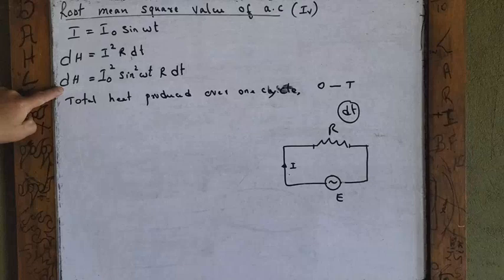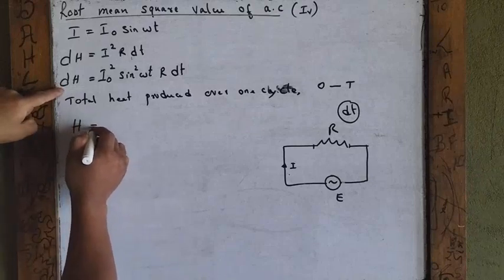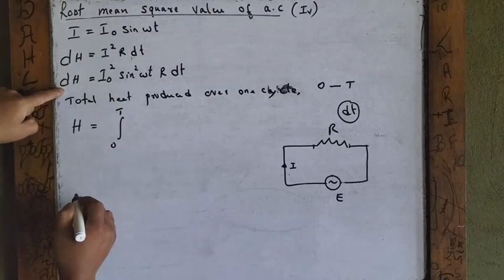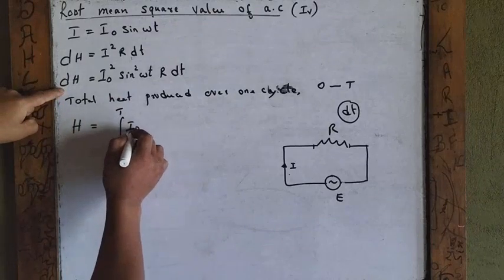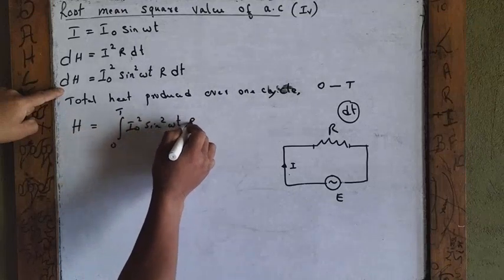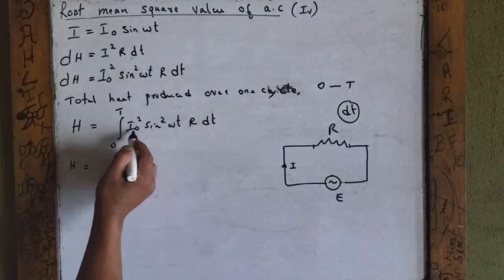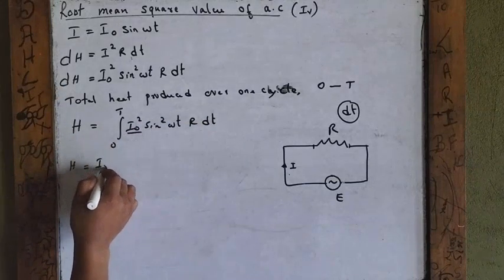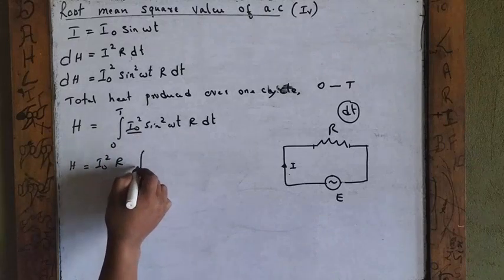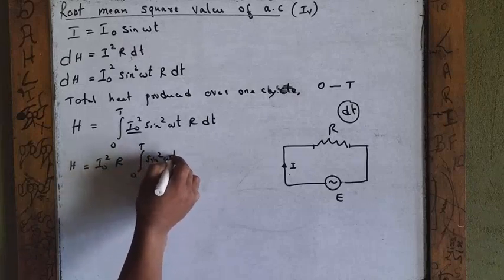So if you integrate dH, you will get H. And integrate the right hand side from 0 to capital T. You'll get like this. Or H is equal to, taking this I naught square and R outside because they are constant, you integrate only sine square omega t dt.